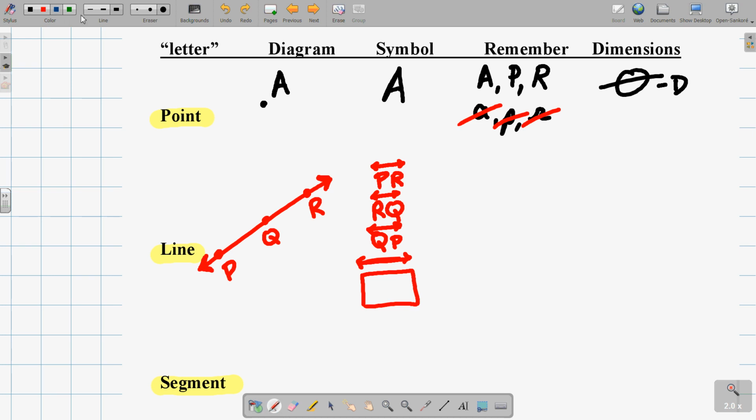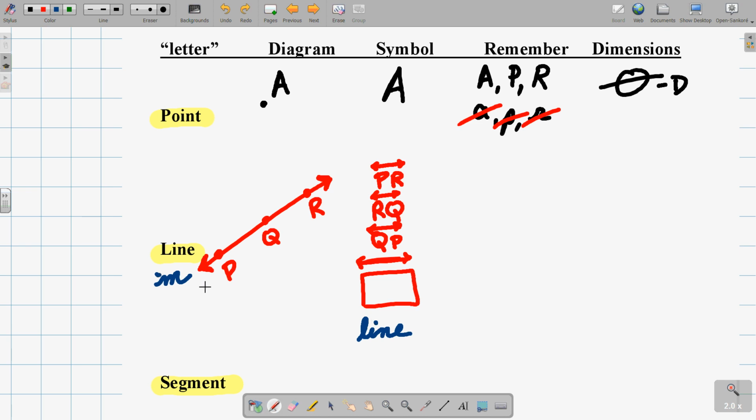Now we also name lines. If I want to name the whole line with 1 letter, you don't use 2 points. You use a naming letter. And you're going to use cursive, lowercase, right at one of the arrow points. And you simply write the word line.